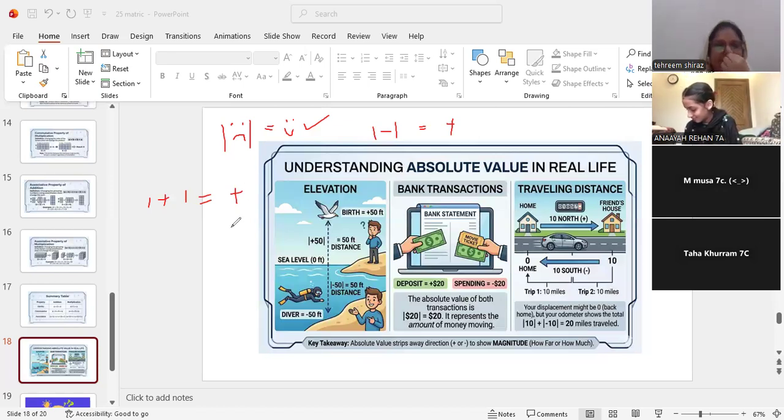What if I say that this -2 inside the wall will become +2 when it comes outside the wall? What is the concept of absolute value in maths? The absolute concept states that anything negative will become positive. This is the concept of absolute.